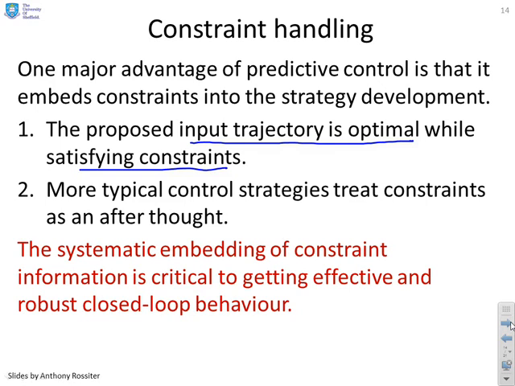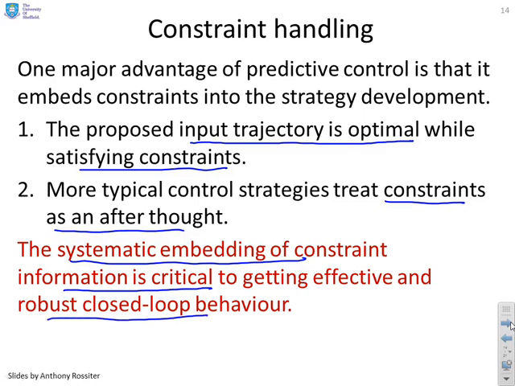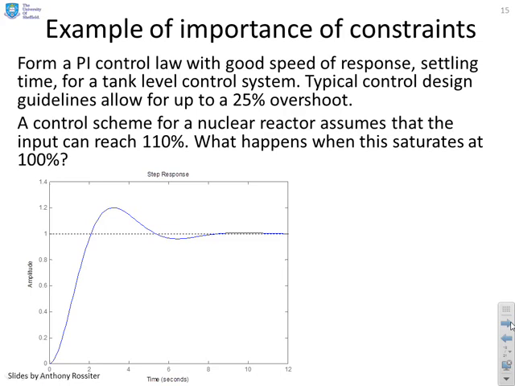Okay, and you'll find that most control strategies, PID, lead, lag, and so on, treat constraints as an afterthought. They say, this control strategy gives me good loop dynamics. Oh, I'm going to violate a constraint. What should I do now? So the systematic embedding of constraint information is critical to getting effective and robust closed-loop behavior.